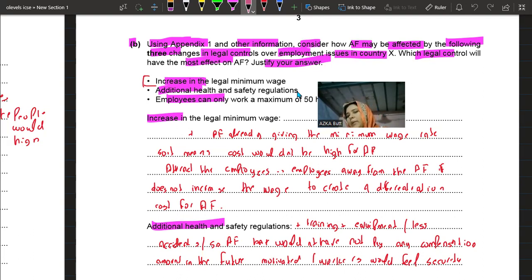So you cannot do that, because this is also a regulation. So if you want to employ more laborers in the production department, you are basically forced to give the legal minimum wage to the fresh employees too.